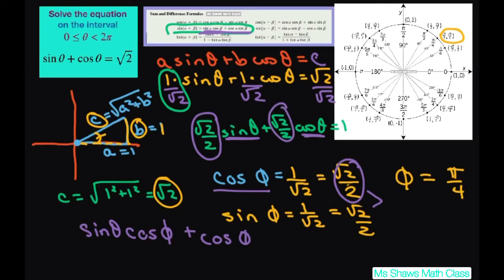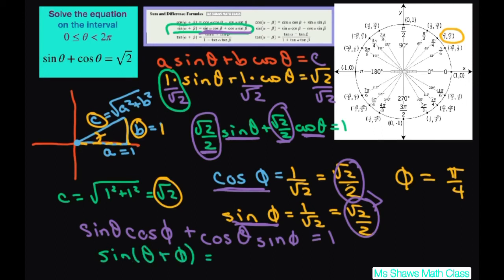And then this number here, square root of 2 divided by 2, is actually sine of phi. And this all equals 1. So all I did was substitute these two numbers for these trig functions. Now it has this form, so I can write this as sine of theta plus phi equals 1.